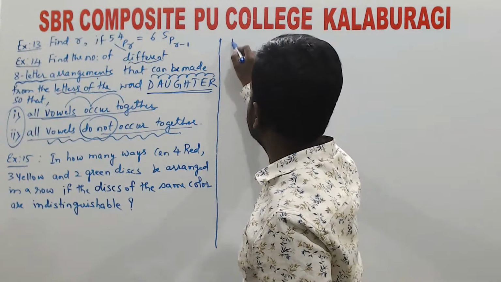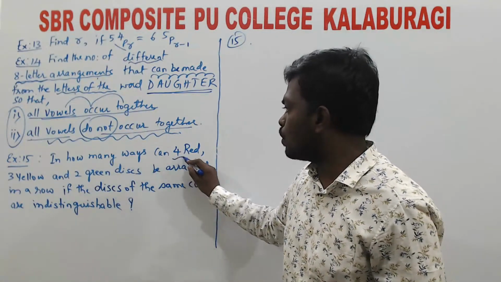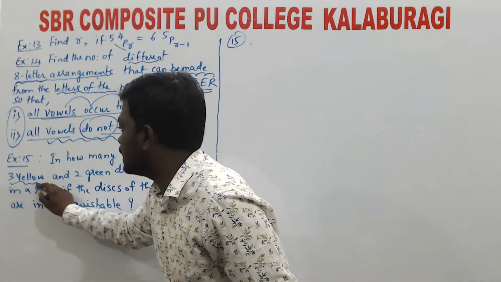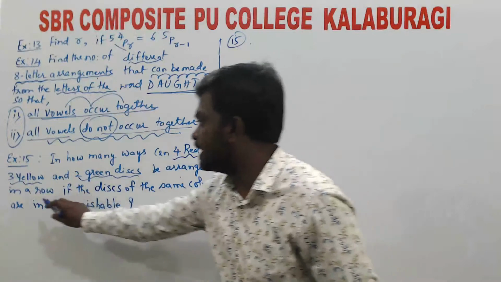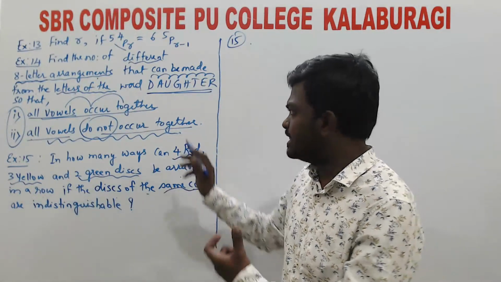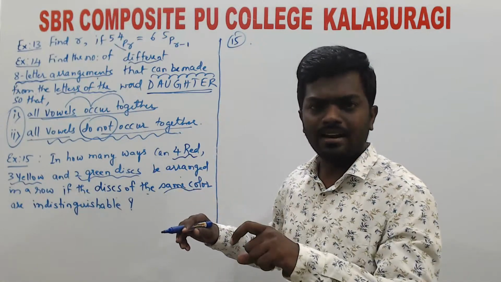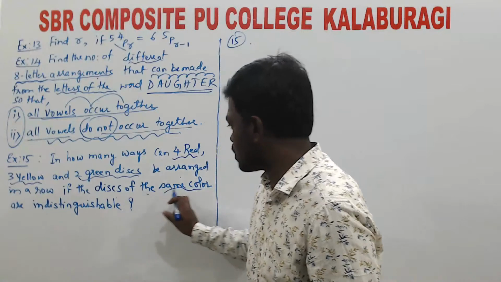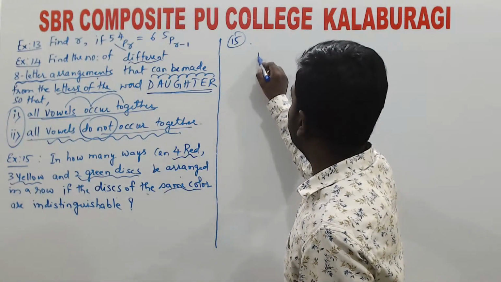The 15th one is: in how many ways can 4 red, 3 yellow and 2 green discs be arranged in a row if the discs of the same color are indistinguishable? These discs are kind of like circular rings. So what they have given is 4 red, 3 yellow, and 2 green. In how many ways can we arrange them in a row if discs of the same color are indistinguishable?